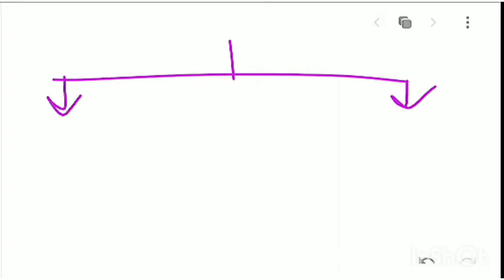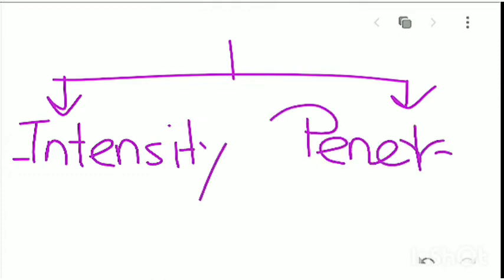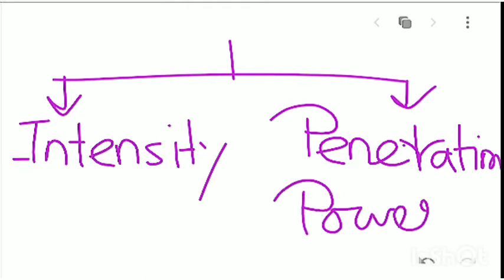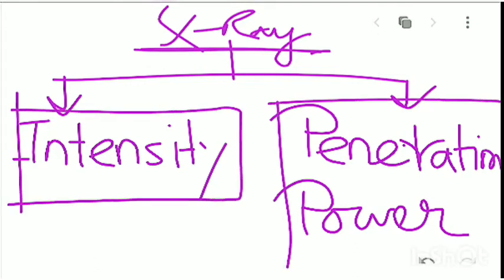We can control two things of an X-ray: the intensity and the penetration power. In these ways, the X-ray creation can be controlled. First we will learn about the intensity and next about the penetration power. The first thing is intensity.